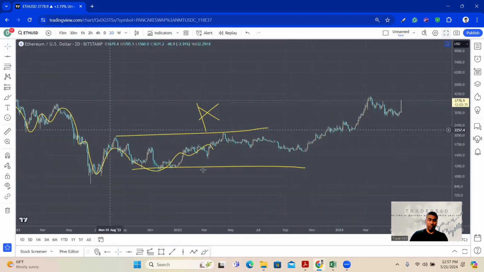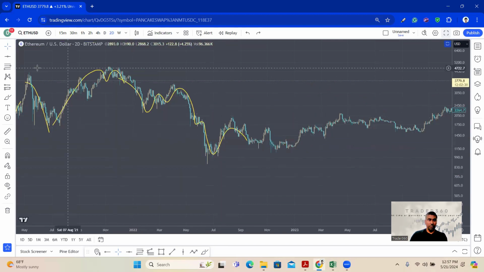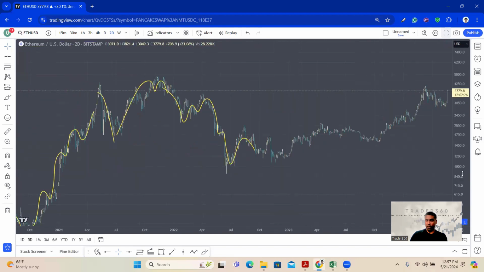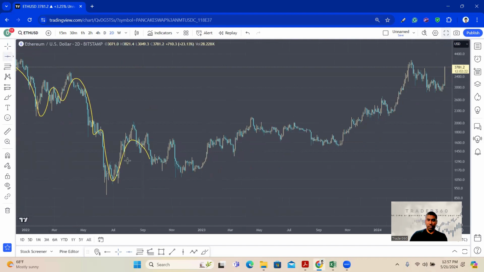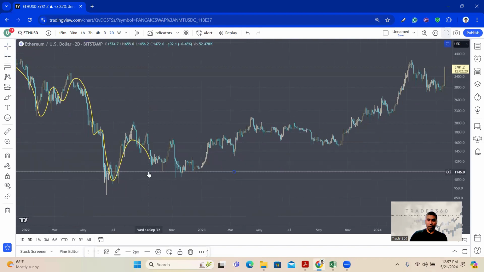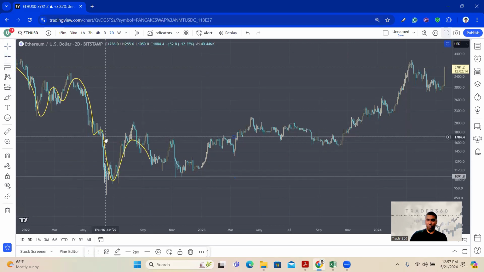Let me draw it clearly so you know the current market state, what stage the market is in for Ethereum. See, that was our bear market, and this was the low. This is called deviation. This was the low and this was the high.